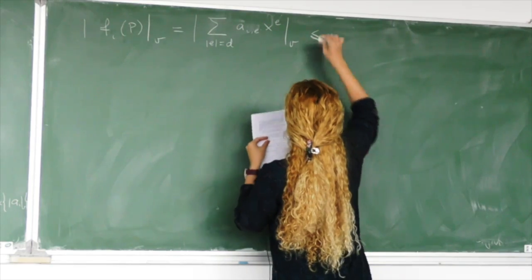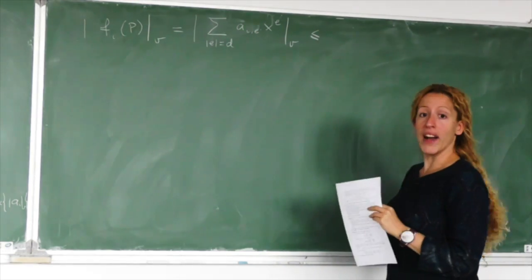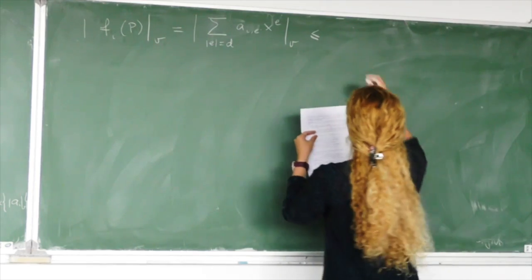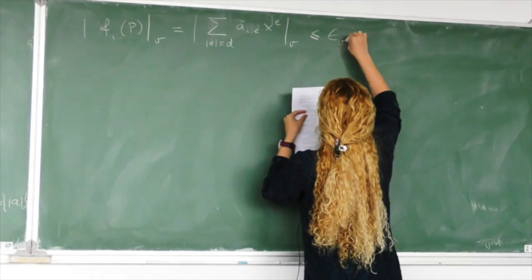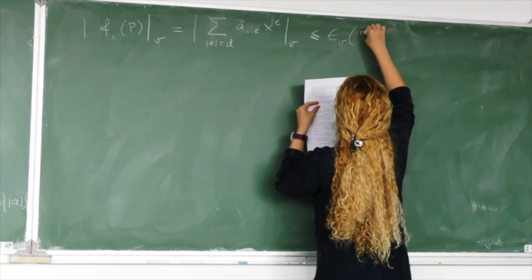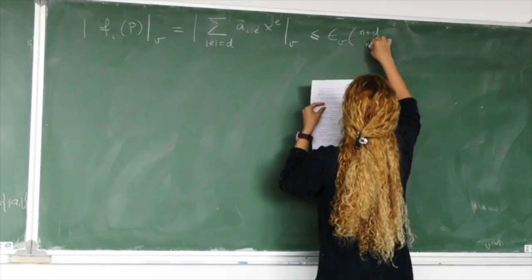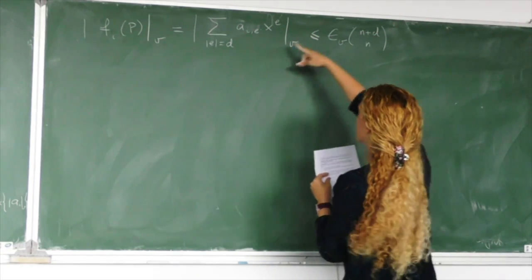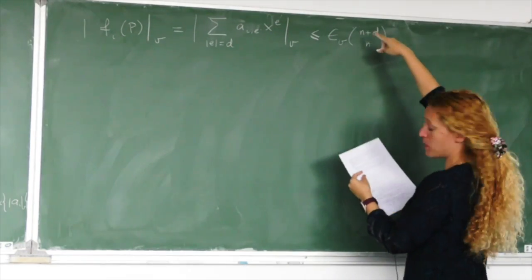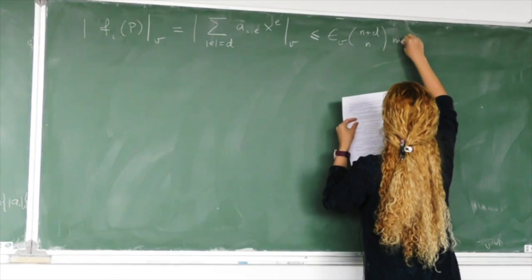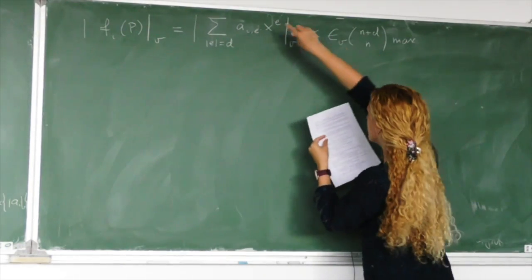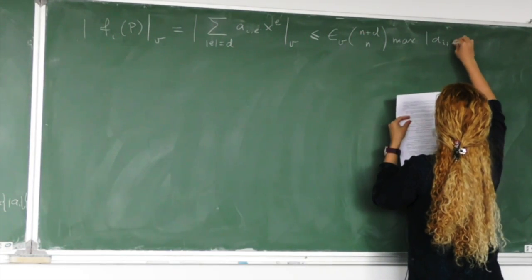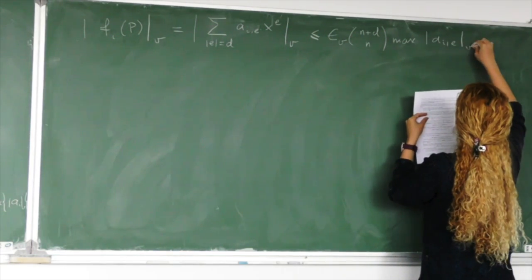Okay, but now I'm going to use the inequality that I saw before with this fancy constant that we introduced. This is the constant, because we said there are n plus d over n terms, so it's a constant associated to this number of terms, times the maximum of each of the terms that we have here. But because the norm is multiplicative, I can write this as follows.